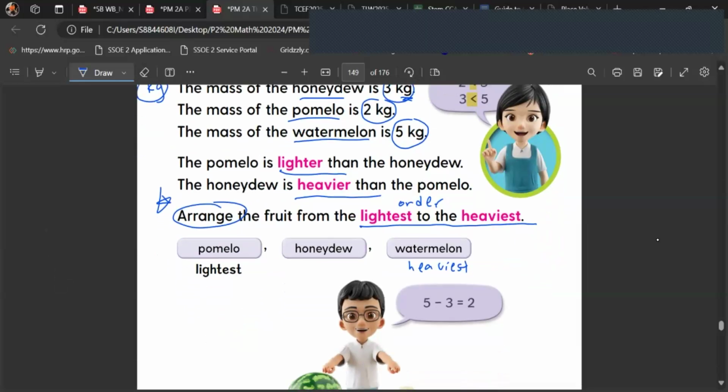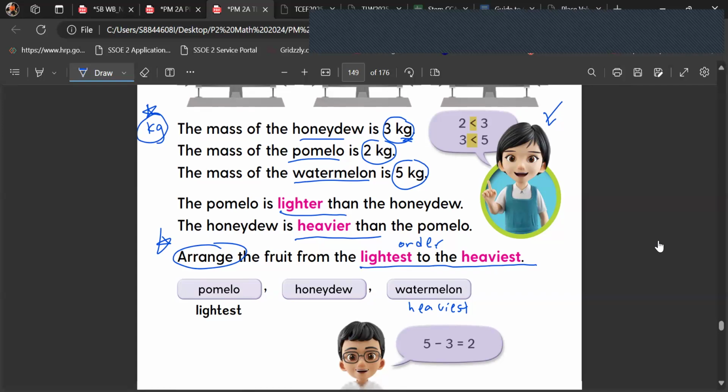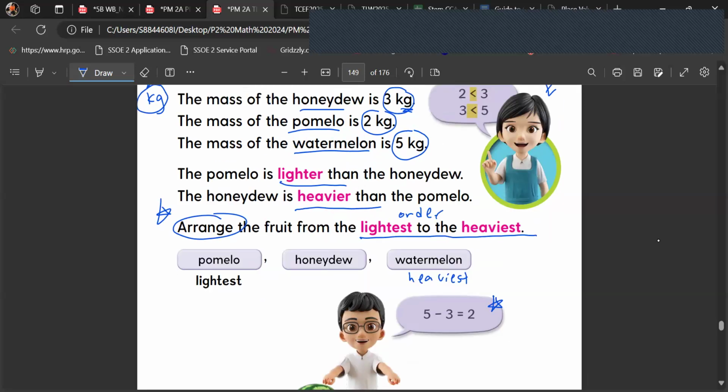Okay, now then our friend here wrote a very important equation. He wrote here, 5 minus 3 is 2. Who is 5? Watermelon. Who is 3? Honeydew. Why is he doing watermelon minus honeydew?